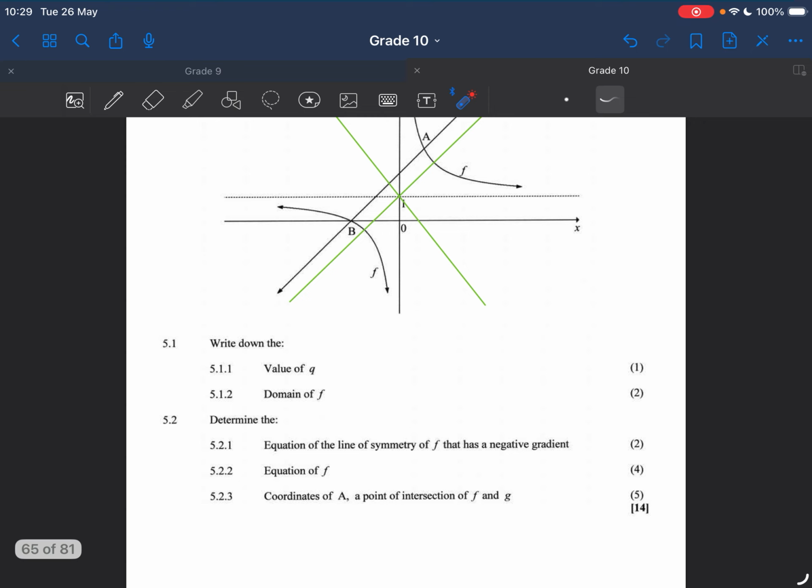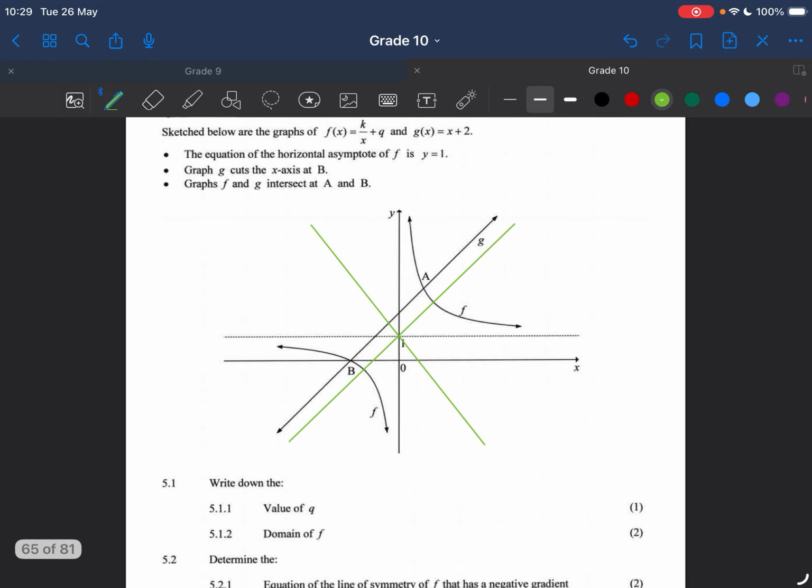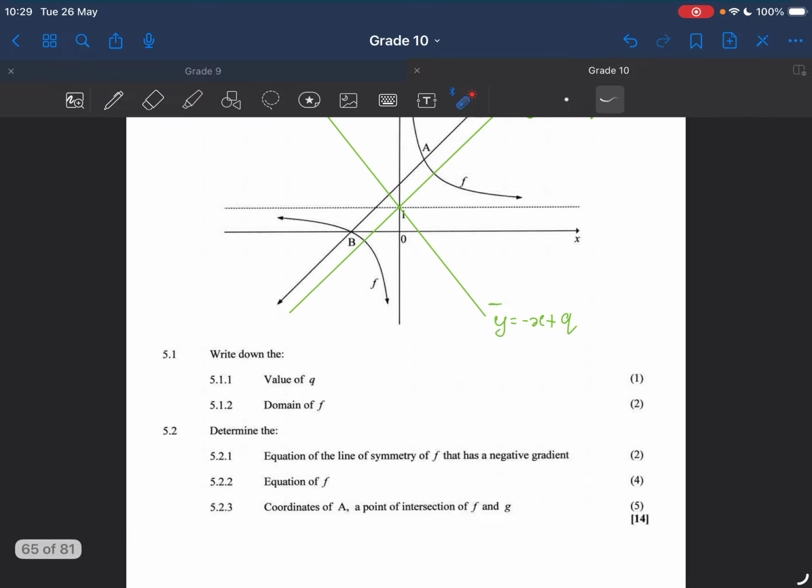Now they are saying the line of symmetry with a negative gradient. So the one going up from left to right has a positive gradient and the one going down has a negative gradient. The equation for the line of symmetry with the positive gradient is y is equal to x plus q, and this one is y is equal to negative x plus q. So if they want the one with the negative gradient, it's going to be this.